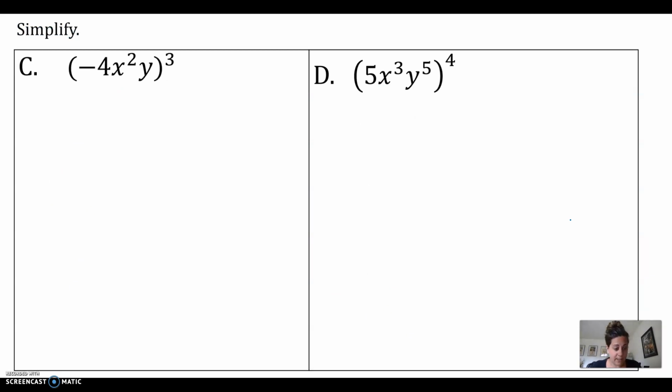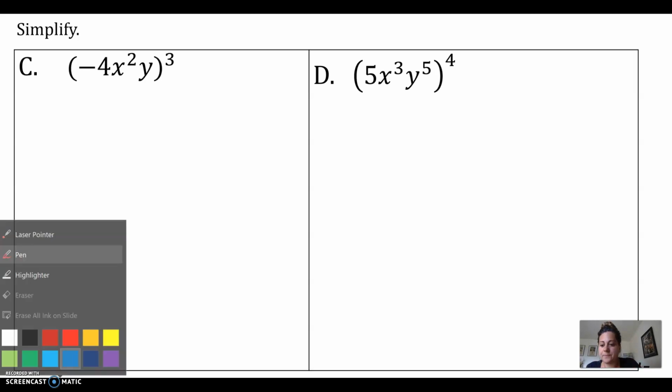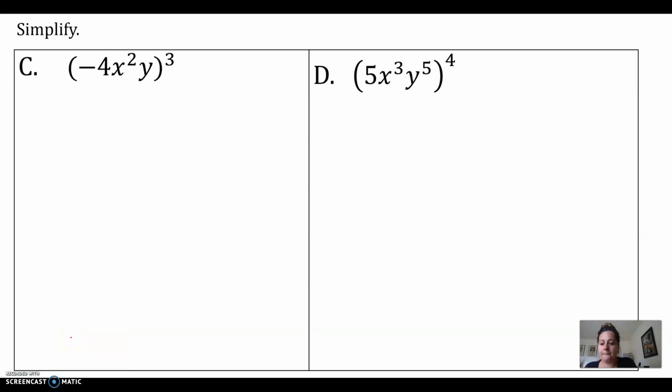So notice there's a negative inside this one. So this one's going to be tricky. So put your missing 1 there and your 1 there. So let's do this one. We need to do -4. Got 1 and 3. So 1 times 3 obviously is 3. We have 2 times 3, which would be x to the 6th.